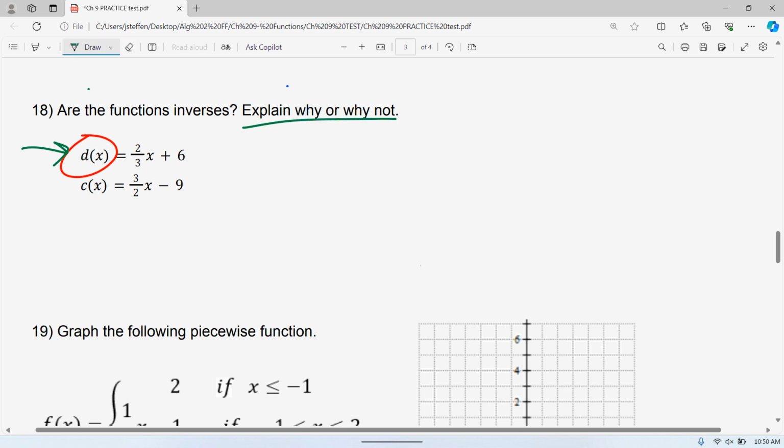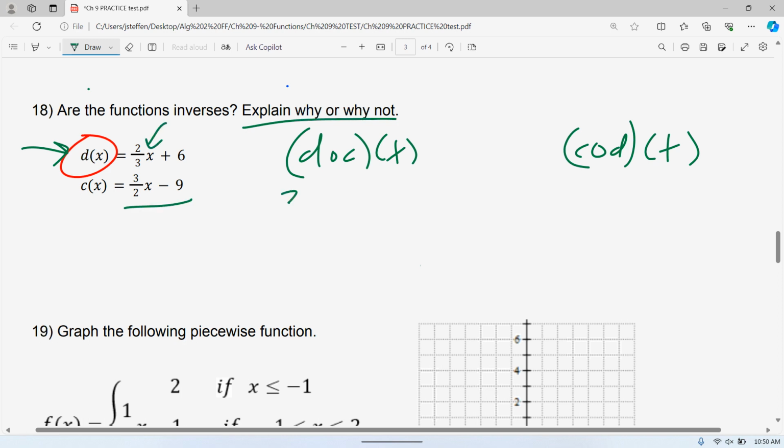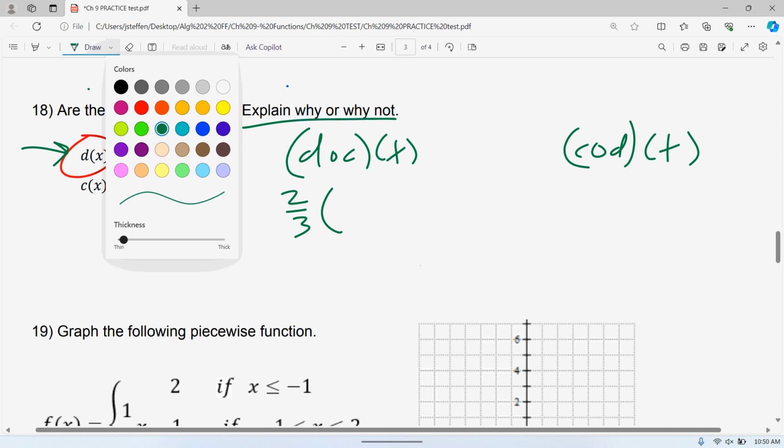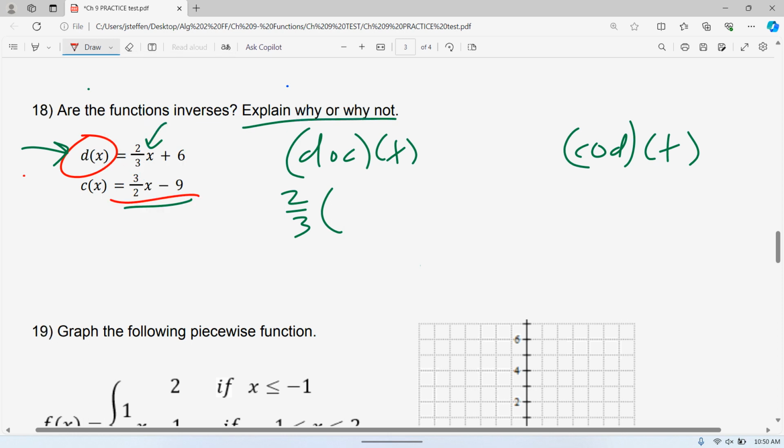So if you use the composition method, I need to do d of c of x and c of d of x. So we plug c into this equation. So I have 2 over 3 times 3 over 2x minus 9. Don't forget that we still have a plus 6.